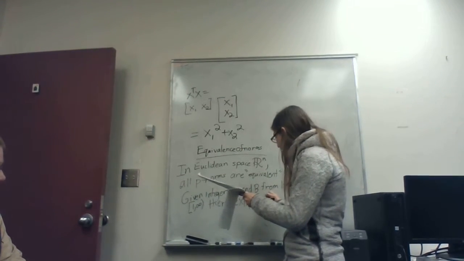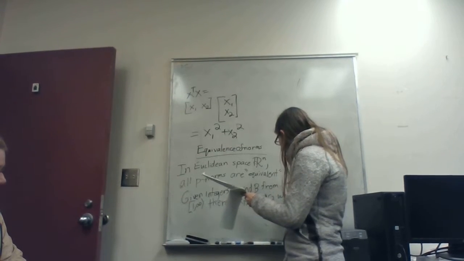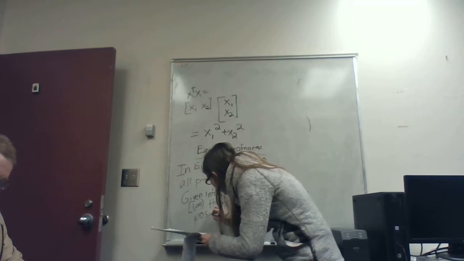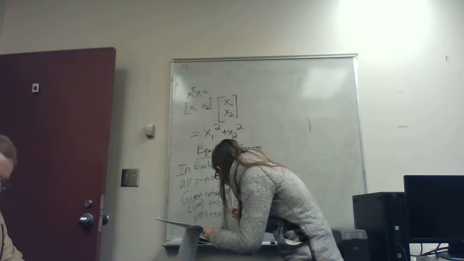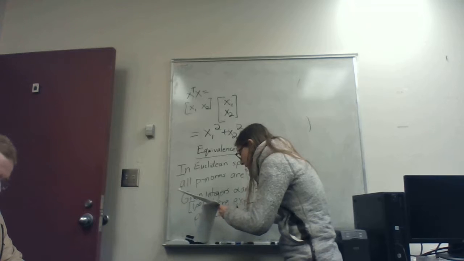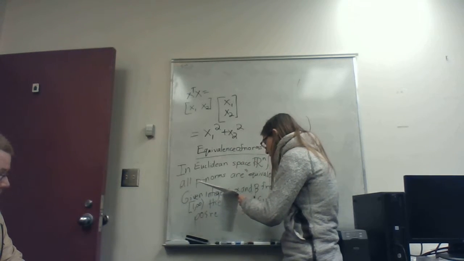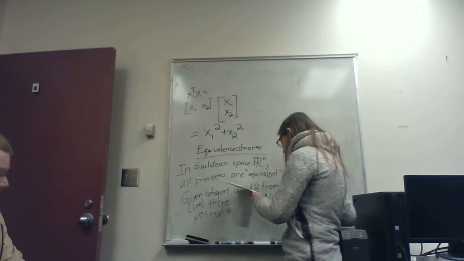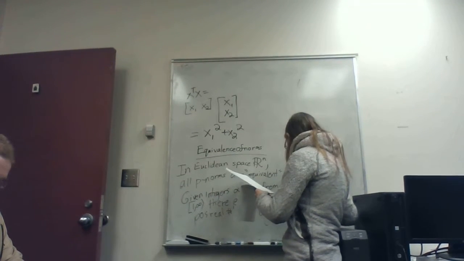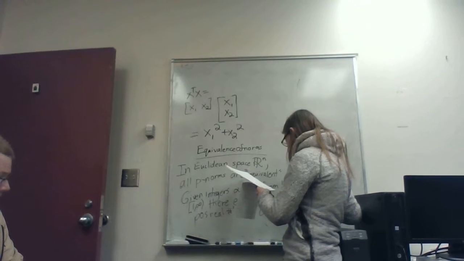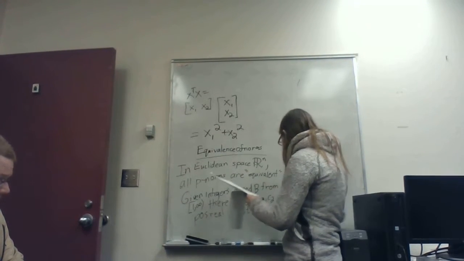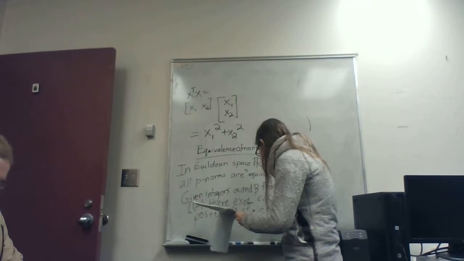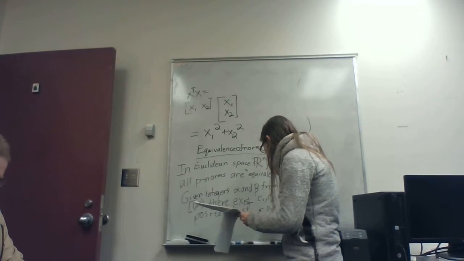There exist C1, C2, which are positive real numbers, such that C1 times the norm of x in alpha is less than or equal to the norm of x in beta, which is less than or equal to C2 times the norm of x in alpha, for all x contained in R to the n.